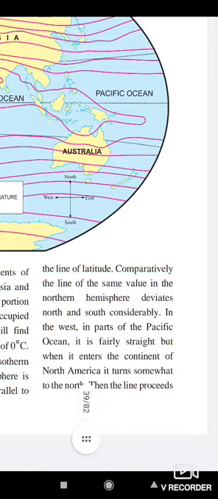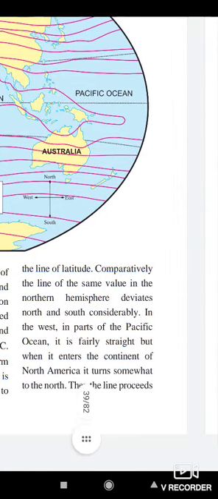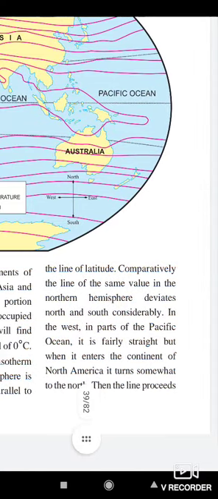Comparatively, the lines of the same value in the northern hemisphere deviate north and south considerably. In the western part of the Pacific Ocean, it is fairly straight, but when it enters the continent of North America, it turns somewhat to the north. There these lines proceed.